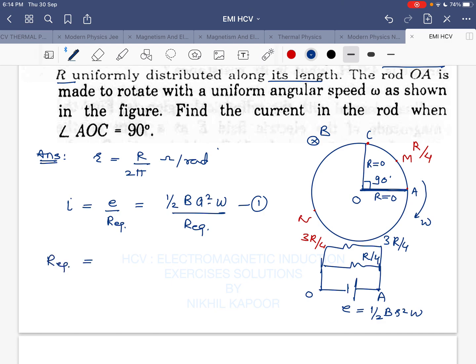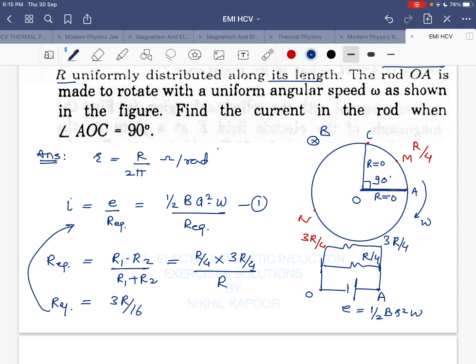Equivalent resistance in parallel combination is given by R1 R2 upon R1 plus R2. So it will be R by 4 into 3R by 4 divided by R by 4 plus 3R by 4, which is R. So that comes out to be 3R by 16, and substitute the equivalent resistance in this equation.